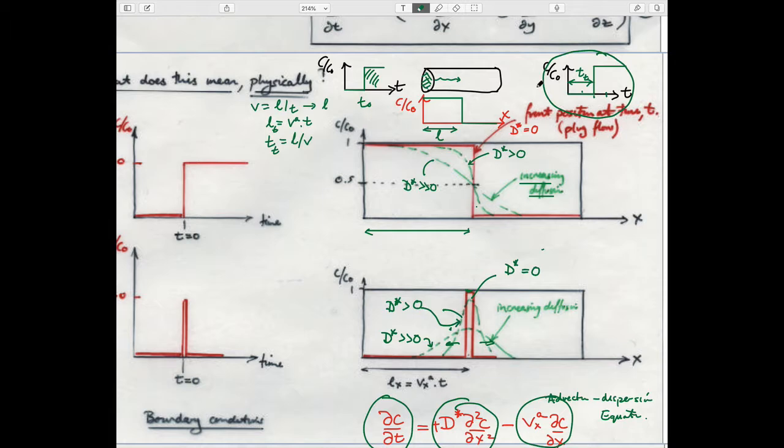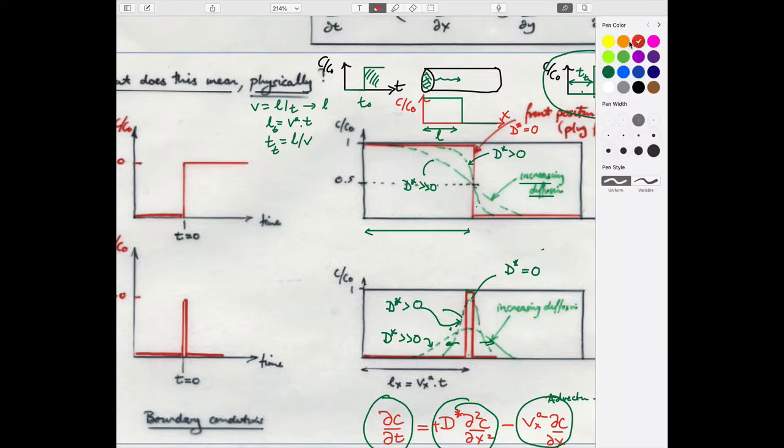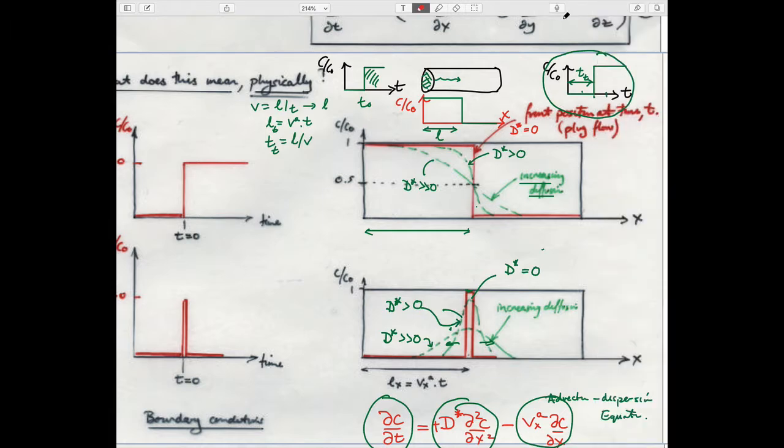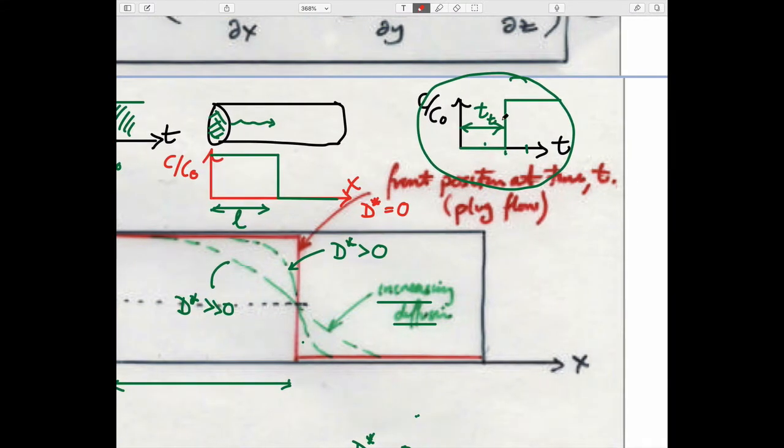And I suppose we could apply the same to this, in that if we look at what these would look like when they arrive, this is the case for diffusion being 0. This is the case for d star being greater than 0. And this would be the d star much greater than 0.